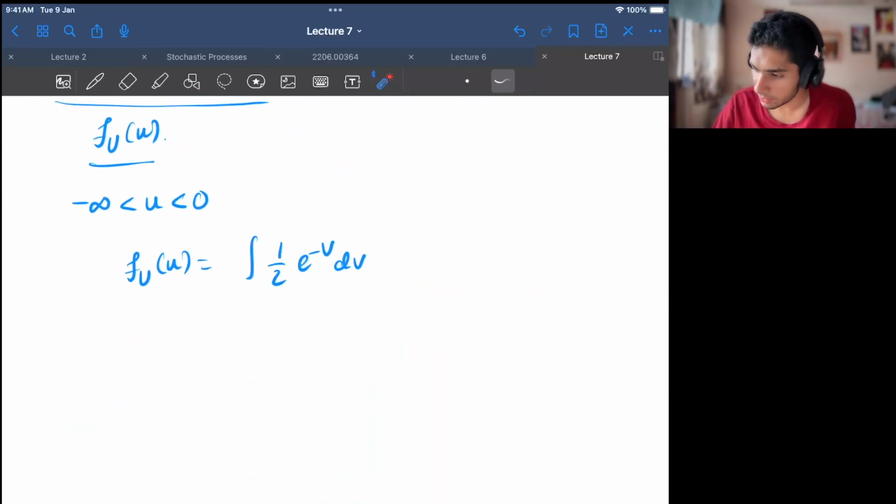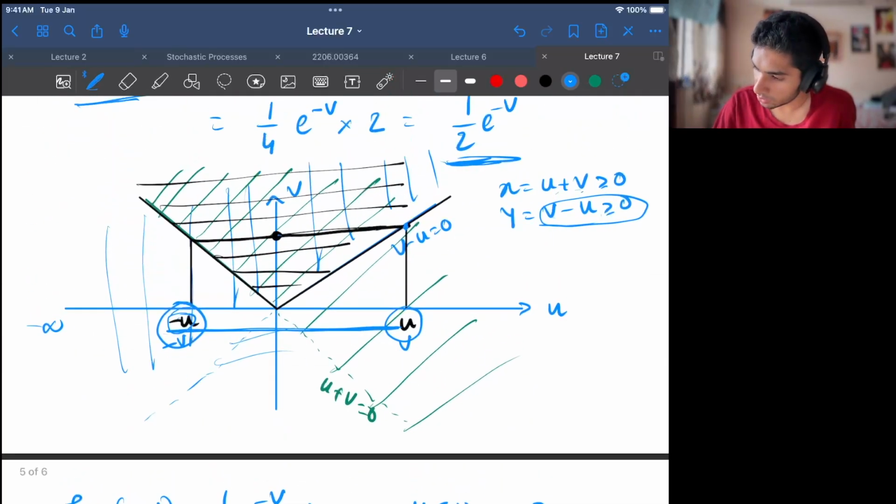So I hope you will agree that u is going from 0 to minus infinity, this side. What will be the value of v that it can take?